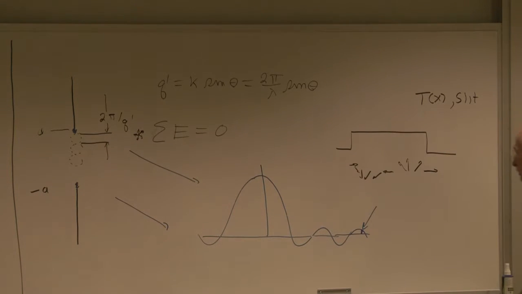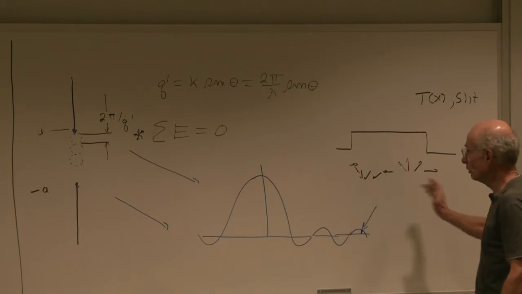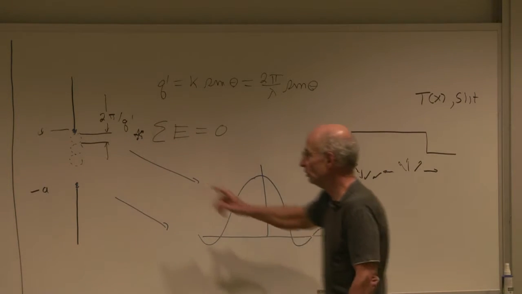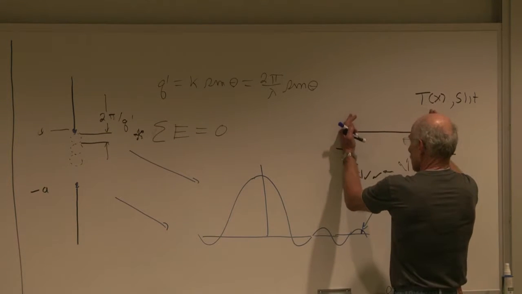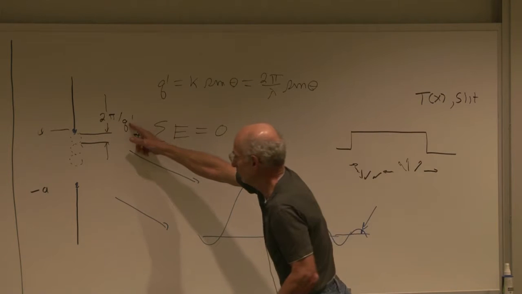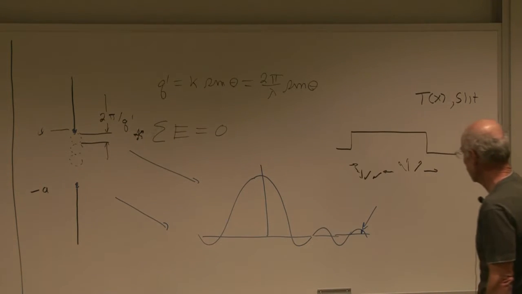Something like that, okay? But I'm going to take advantage of the fact that while over a span of 2 pi over q prime, remember that has units of length, right?